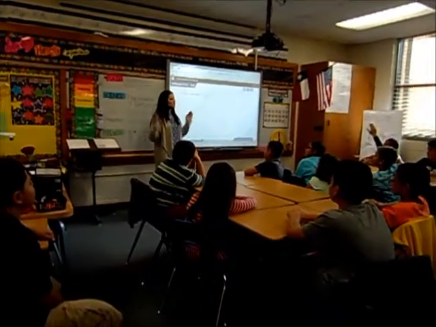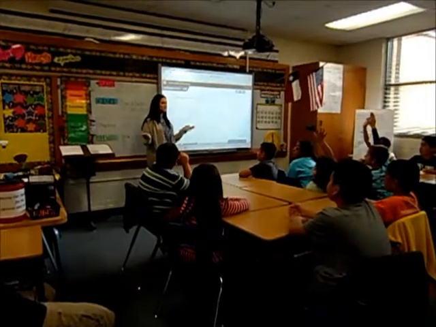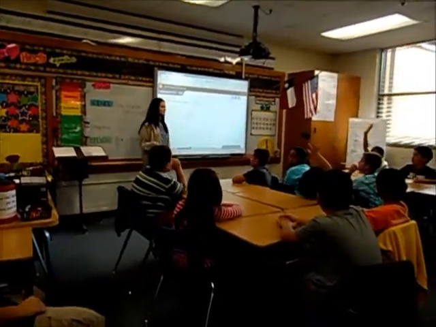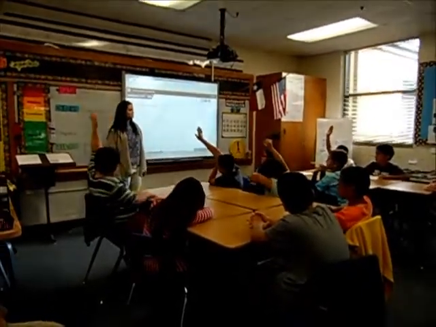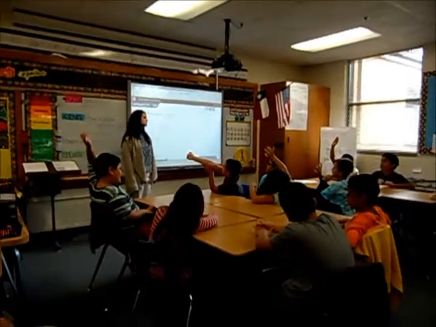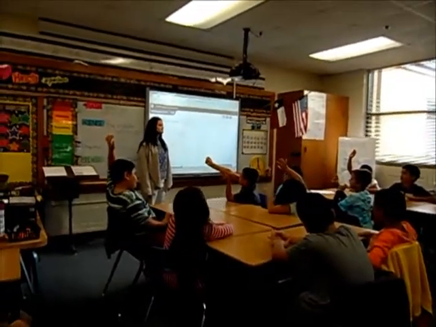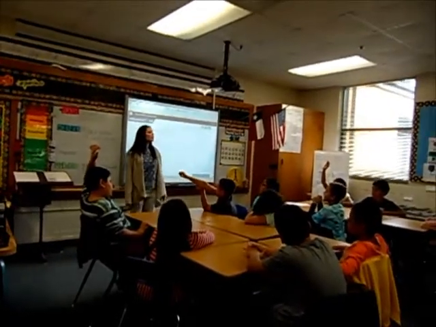Okay. So what do we need in order to have a perfect square? It cannot be unequal numbers.